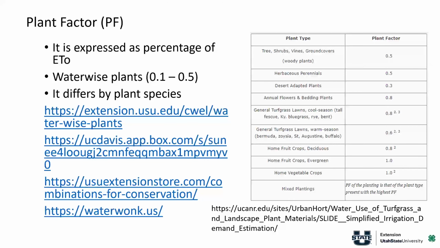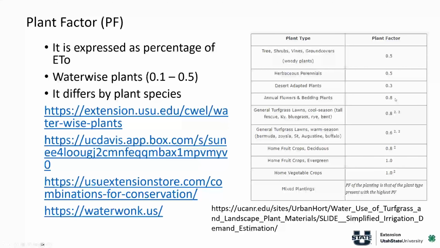But generally, in this chart, you can see if it is a tree, shrub, vine, or ground cover, its plant factor is 0.5. Again, I must tell you that these numbers are not exact, but they're close. So if you see trees, shrubs, vines, ground cover, we can put 0.5. And this is adapted from the University of California. And perennials, herbaceous perennials, 0.5. If you're desert adapted plants, it's 0.3.